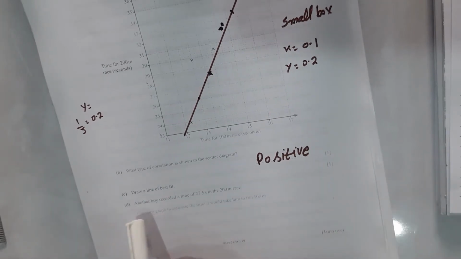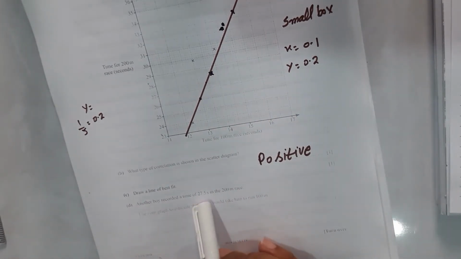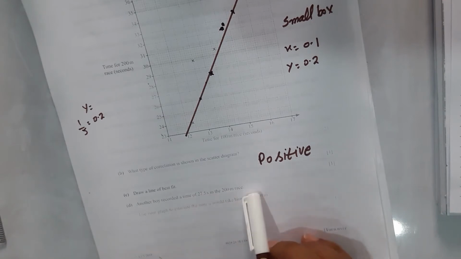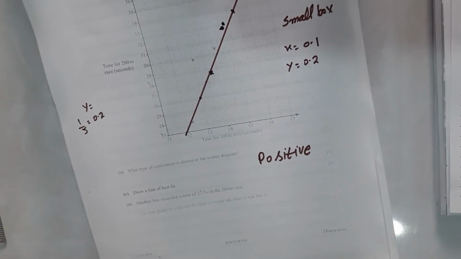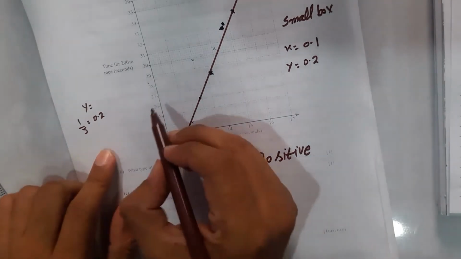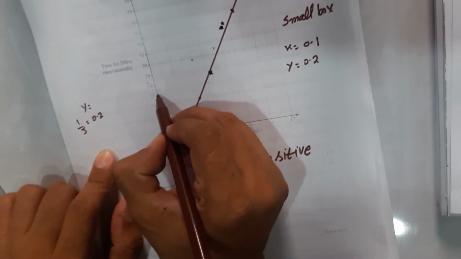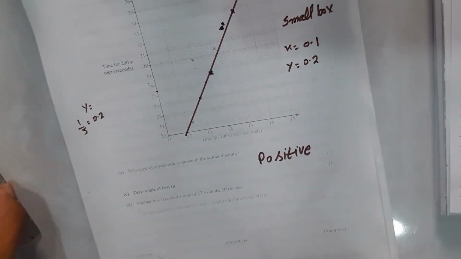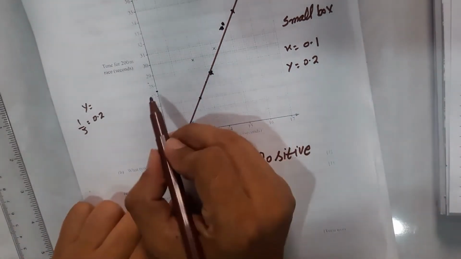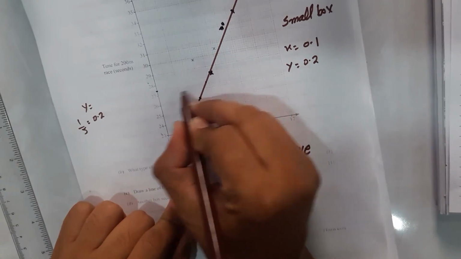We have drawn the line of best fit. In part D, another boy recorded a time of 27.5 seconds in a 200 meter race. One box represents 0.2, so 27.5 is 1, 2 and a half boxes.